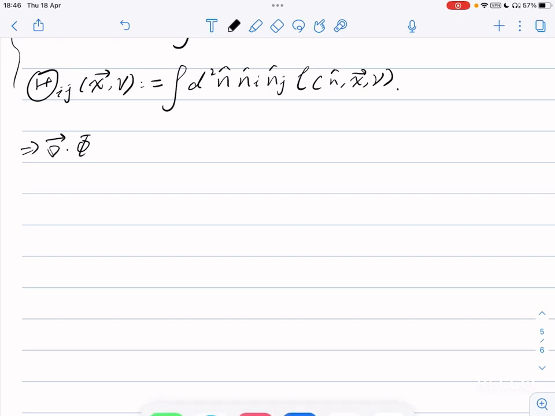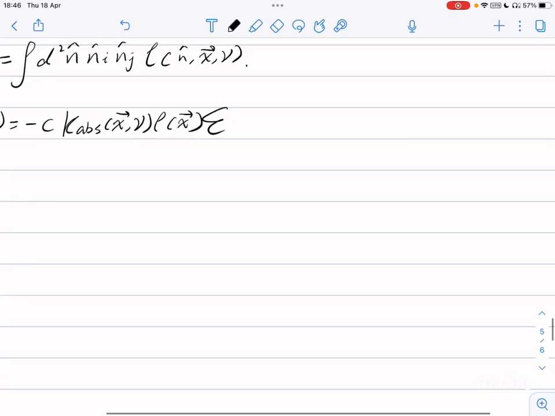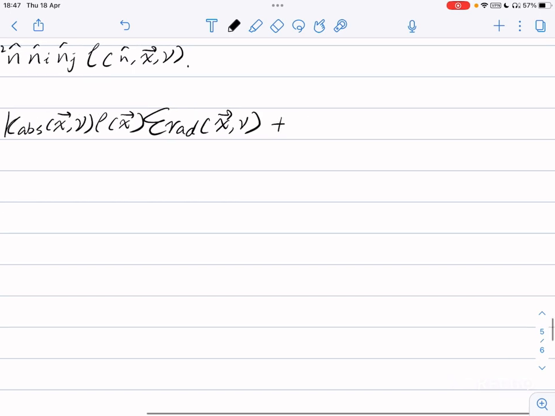equals minus c chi absorption x nu rho x times the radiative energy epsilon radiative x nu, plus j x nu rho x.